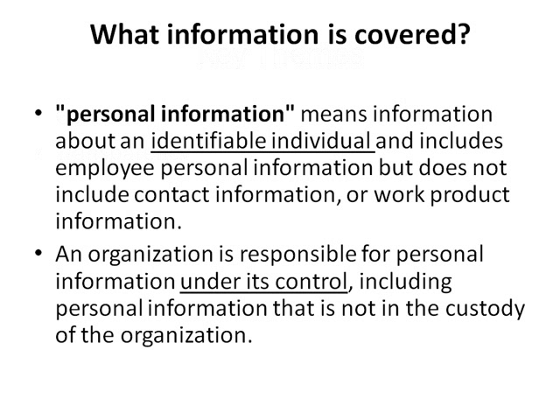Now, I've been talking a little bit about this notion of personal information being collected, used, and disclosed. So what kind of information is it? It means information about an identifiable individual. And that means not just something that has their name in it, but something that could be used to identify them.